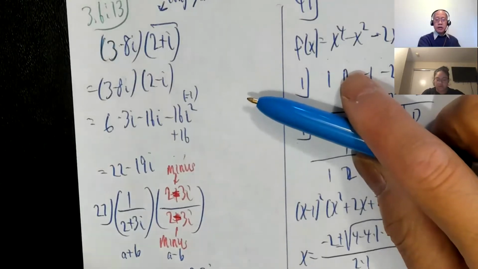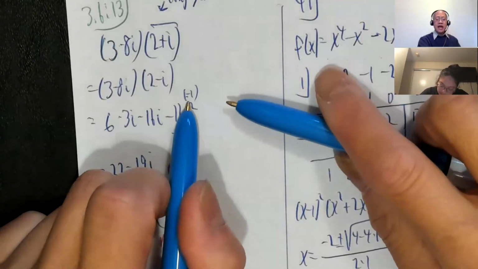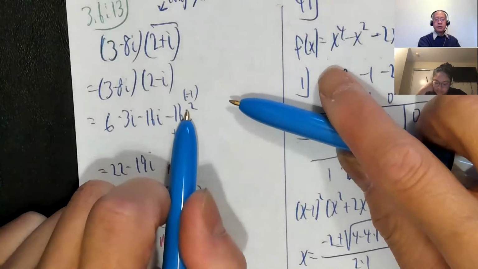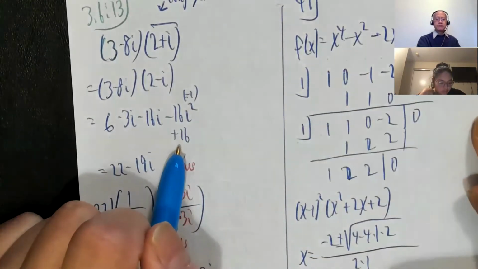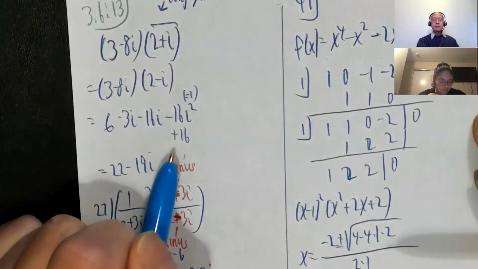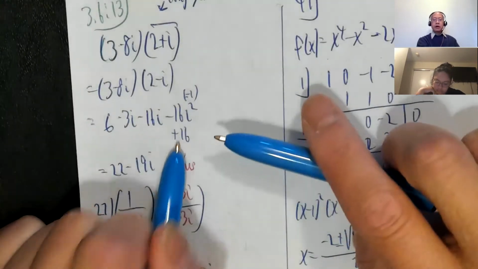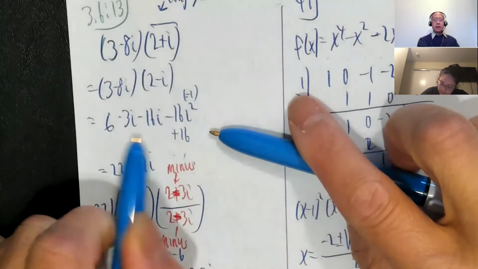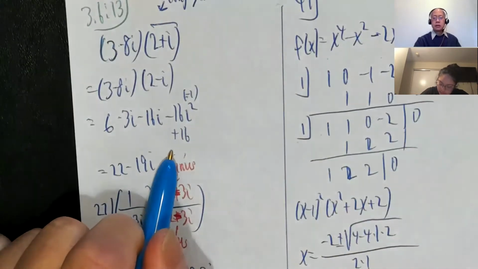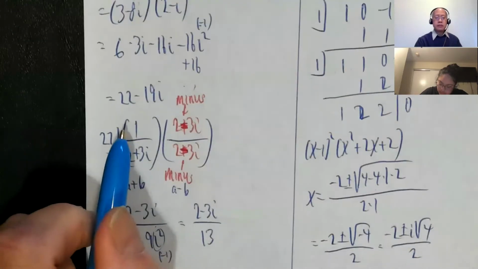And there's that i squared again. So that's minus 16 times -1. i squared is -1. Put that on your cheat sheet if you wish. And that gives me a plus 16. And then I do the real part first. 6 plus 16 is 22. And then minus 19i. Okay. So 22 minus 19i.